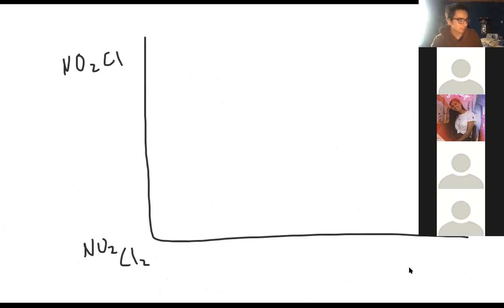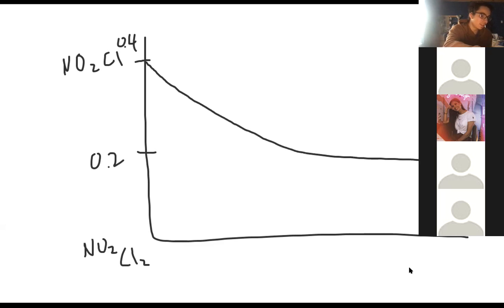We know that once it reaches equilibrium, our nitrile chloride comes to a concentration of 0.2, and here we have 0.4. So it's going to go something like this, and right here is when it reaches equilibrium.